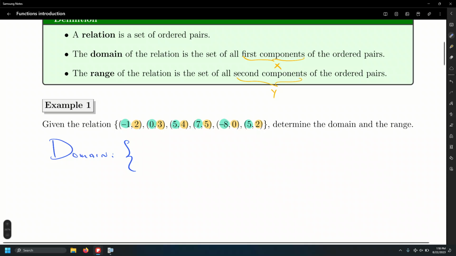The smallest of them is -8 and then -1. So -8, comma, -1, comma, what's next? 0, I think. And then what's next? 5. Do you notice that the number 5 appears twice? We only need to write it once. Actually, it's not correct to write it twice.